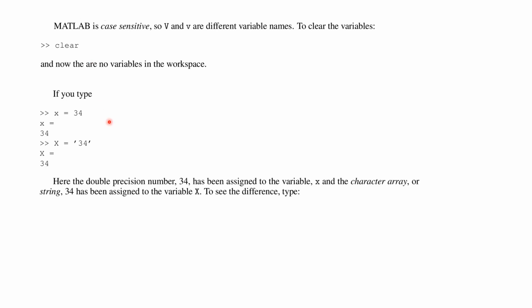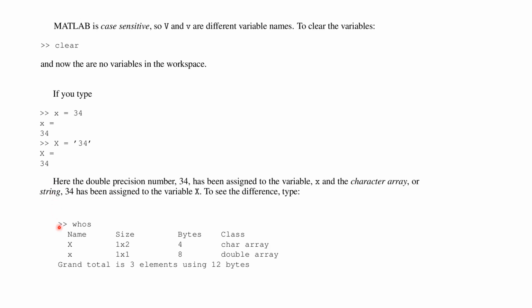And just a word here, when we type x equal to 34, we're making a variable x, and we're storing the number 34 in it. Because we can make a character array or a string array. Now if you have a look at it, in the first one we've got the number 34 stored in x.